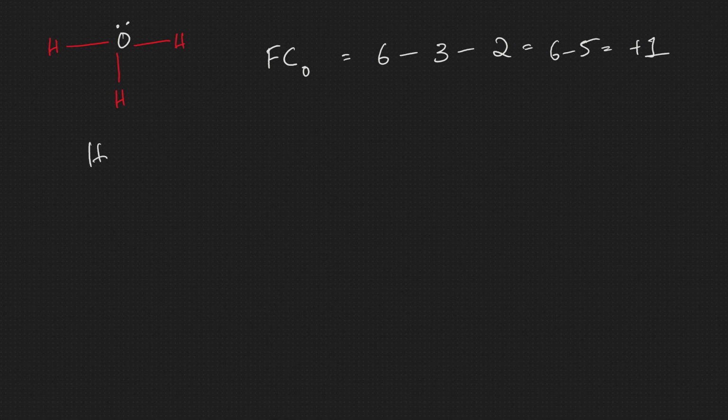So in this hydronium ion, the positive charge is concentrated on the oxygen. I hope you understood the formal charge. Formal charge is very important in organic chemistry, so we can know where the charge is concentrated on organic molecules.